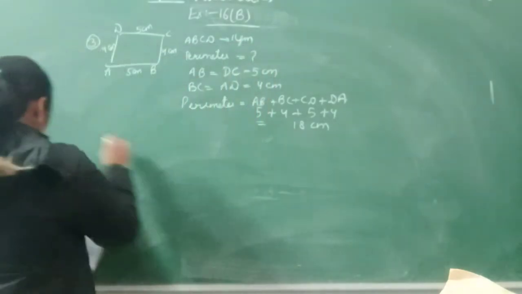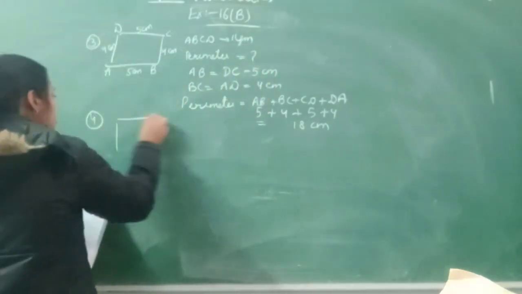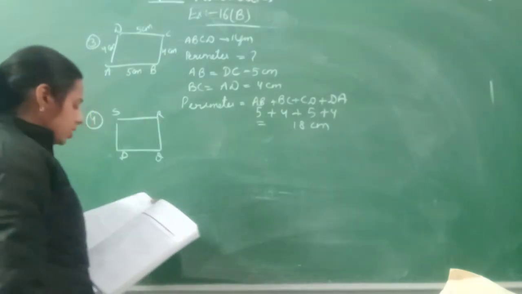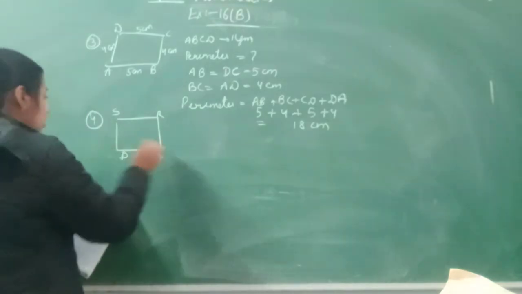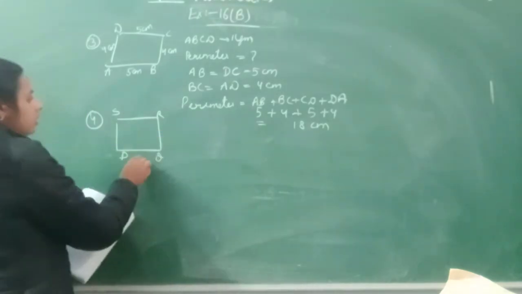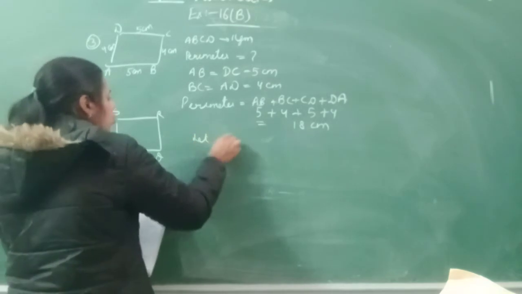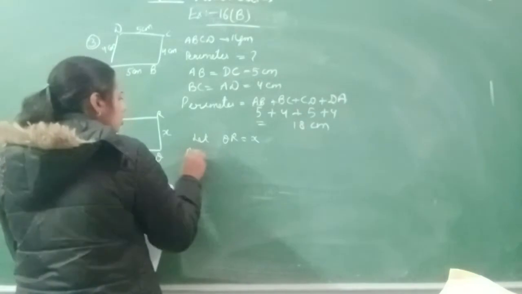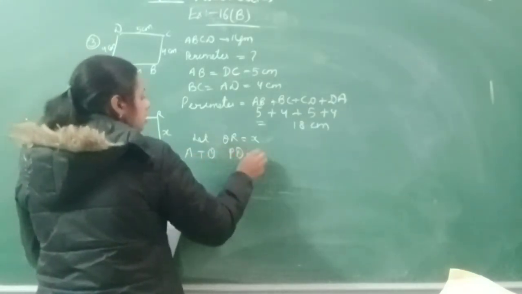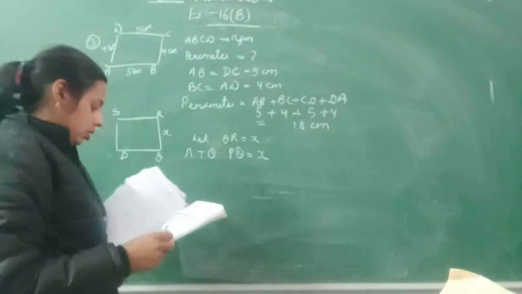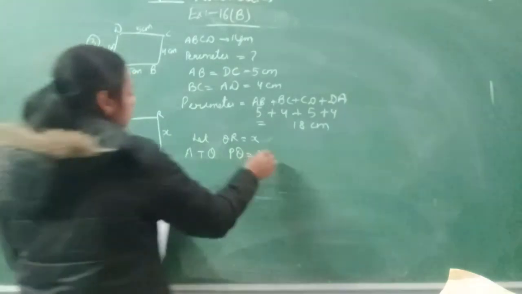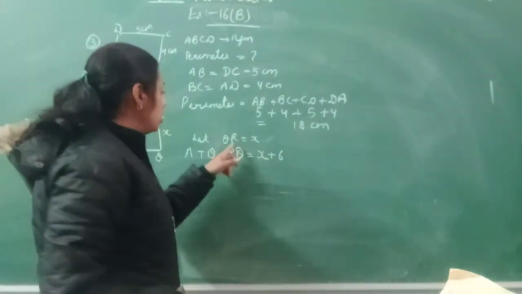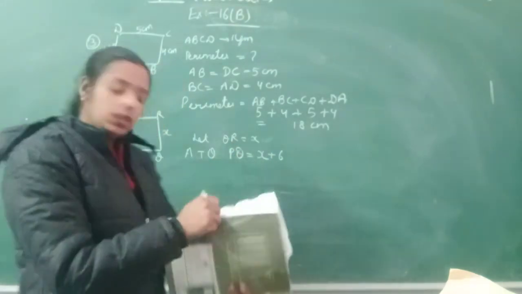Question number 4. PQRS is a parallelogram and PQ is longer than QR by 6 centimeters. Let QR be X centimeters. According to the question, PQ is longer than QR by 6 centimeters, so I just add the 6 to QR to make them equal.